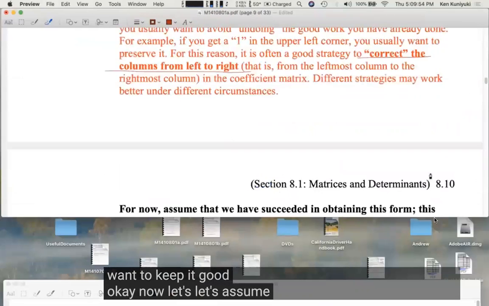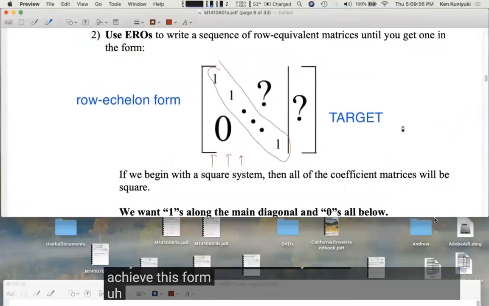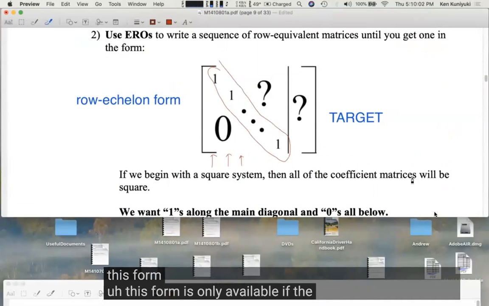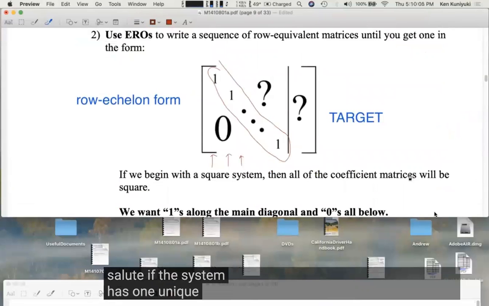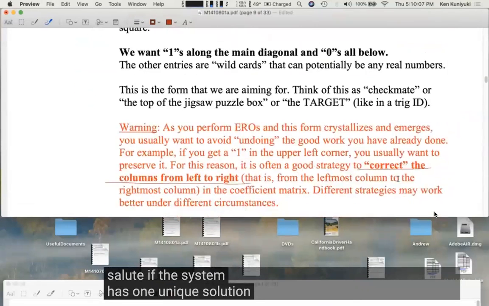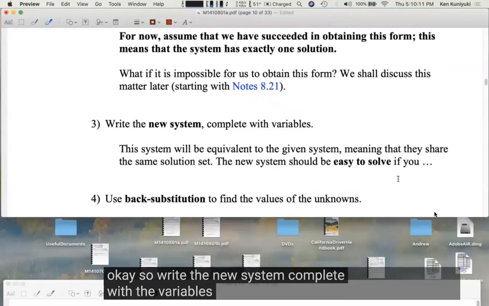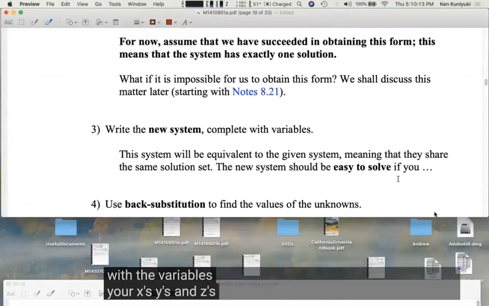Okay, now let's assume that you can achieve this form. Bear in mind, if the solution set is empty, for example, you cannot achieve this form. This form is only available if the system has one unique solution. Okay, so write the new system complete with the variables, your x's, y's, and z's maybe.